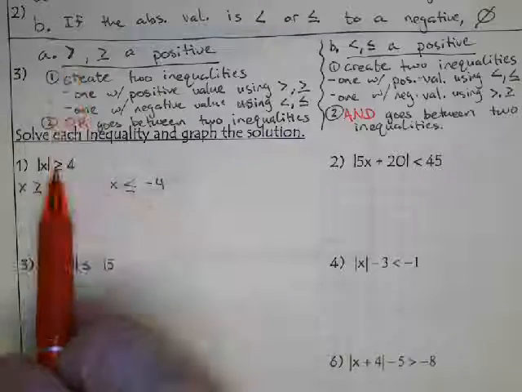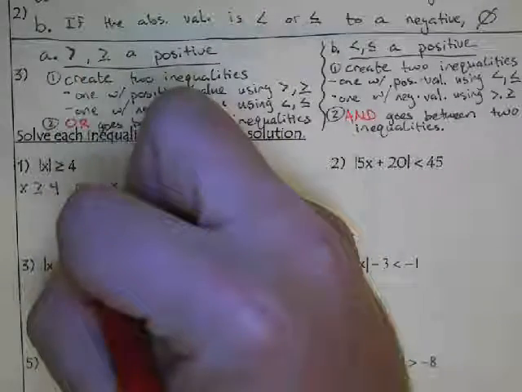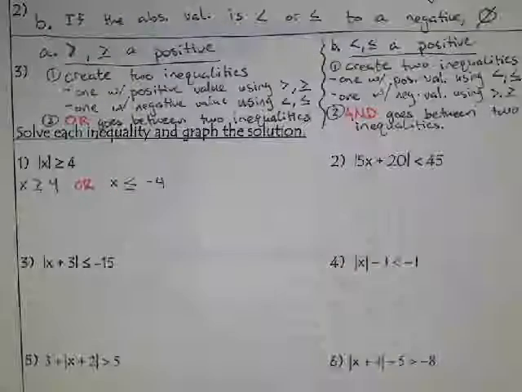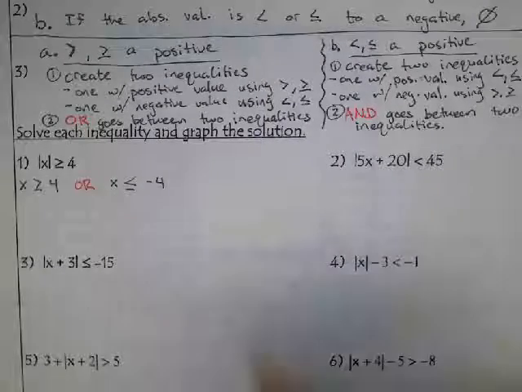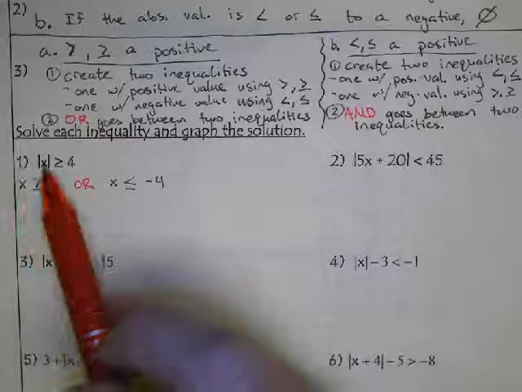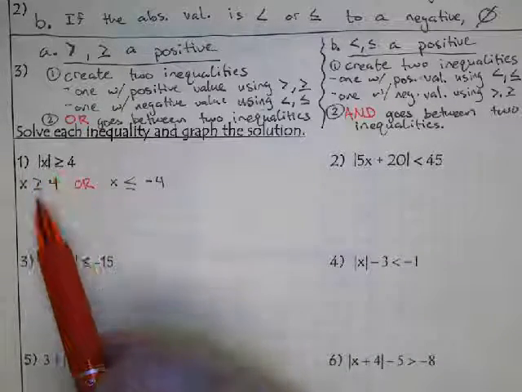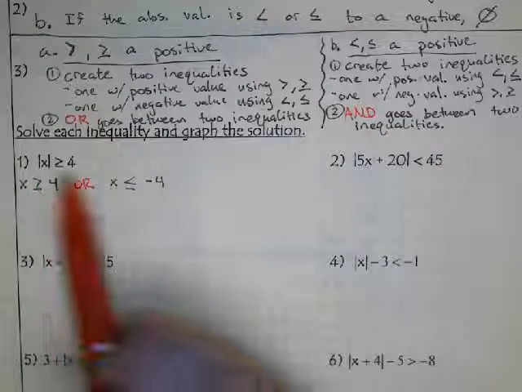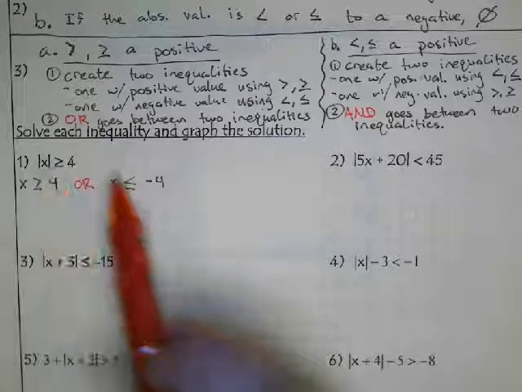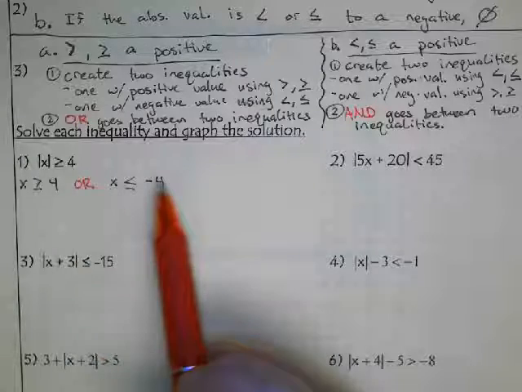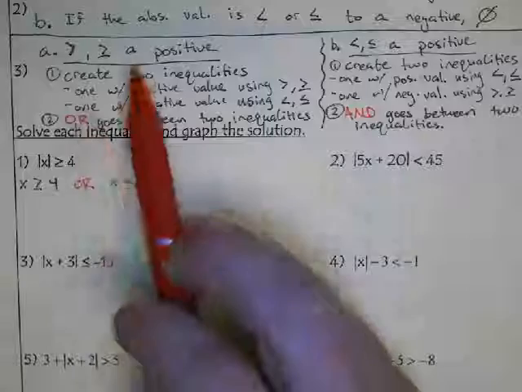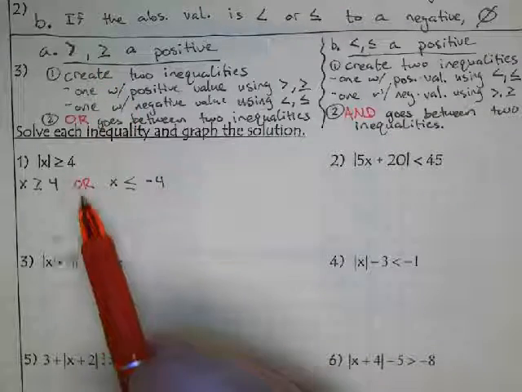Since we started with a greater than, we put or. And that's it. So the idea is once we've isolated the absolute value, whatever's on the inside of the absolute value is going to be greater than that value, greater than 4, or whatever's on the inside will be less than the negative of that value. So x is less than or equal to negative 4. And since we started with the greater than, we'll put the word or in between.